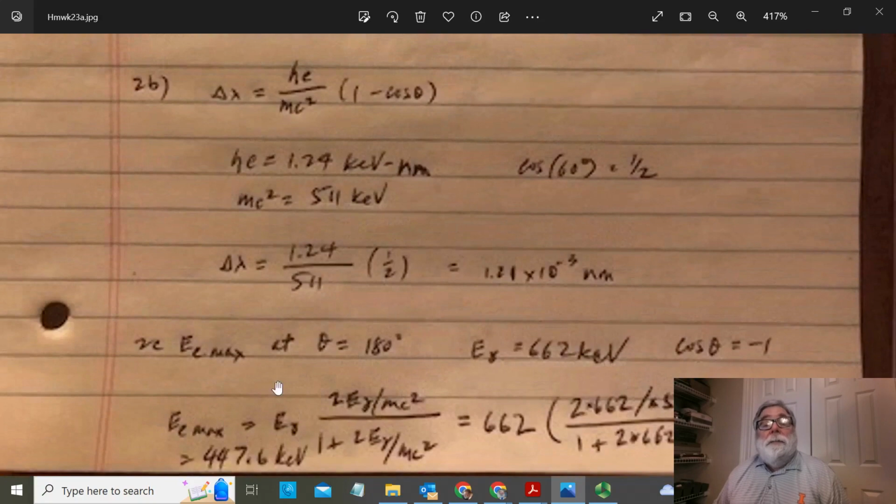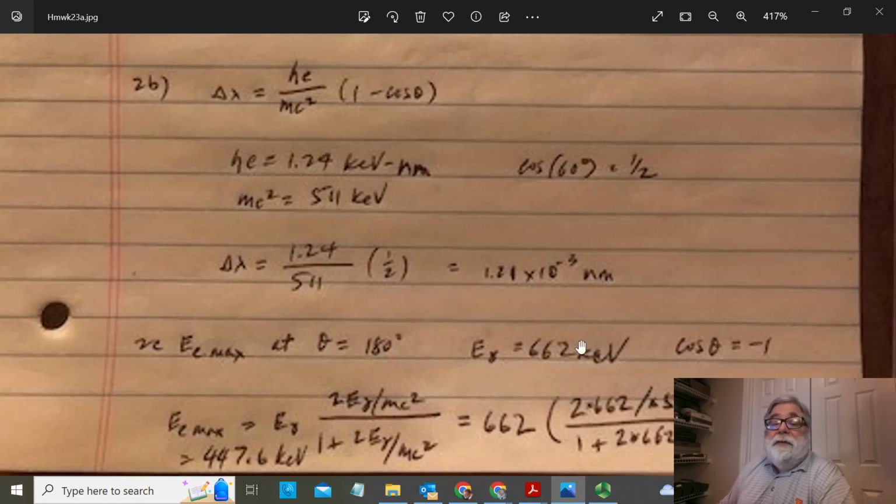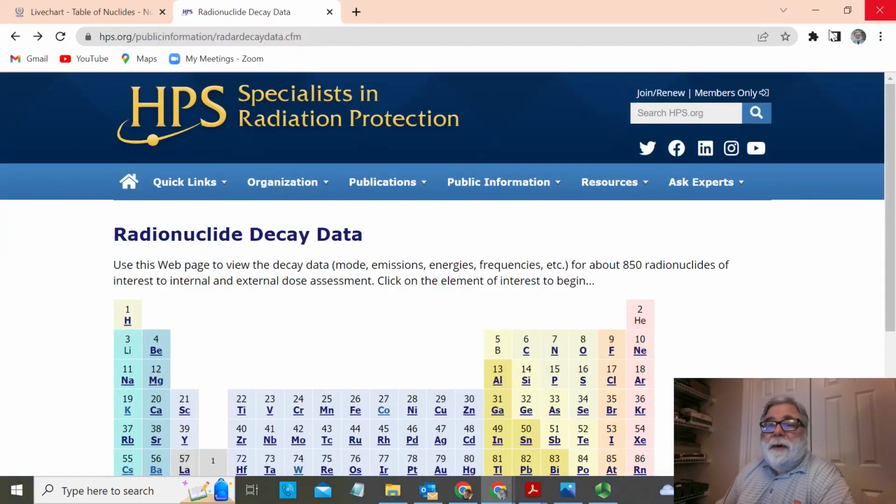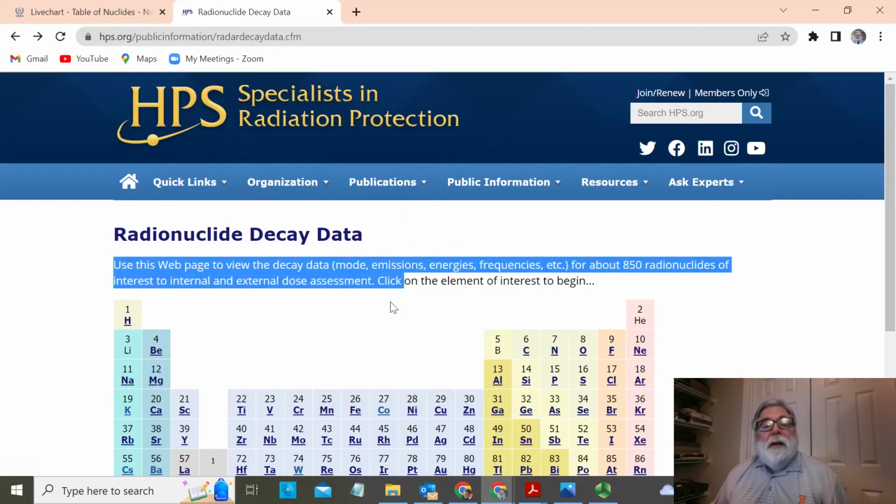For this problem, it said to use photons from cesium-137. So we need to find out what the energy of the photons from cesium-137 is. We've got to look at a data source. One place to go is the HPS radioactive decay data database.